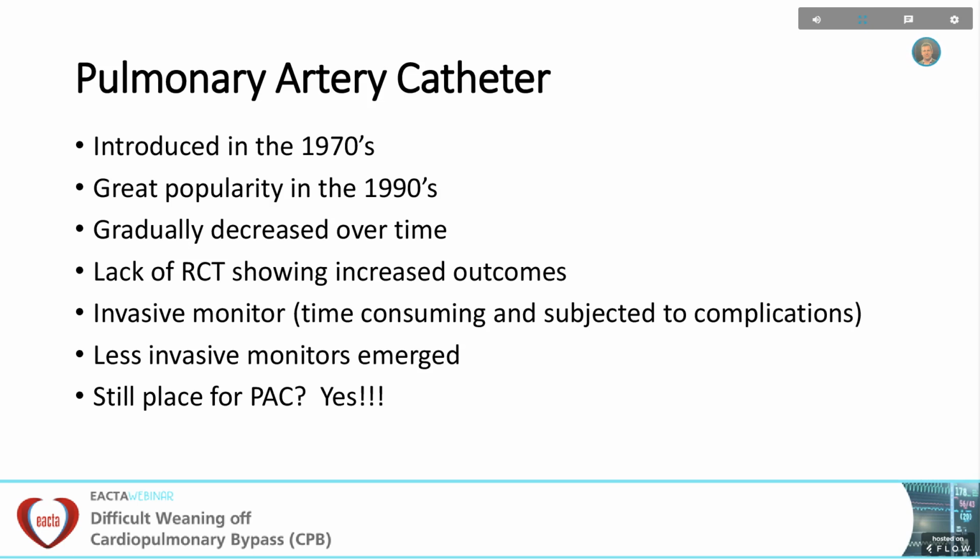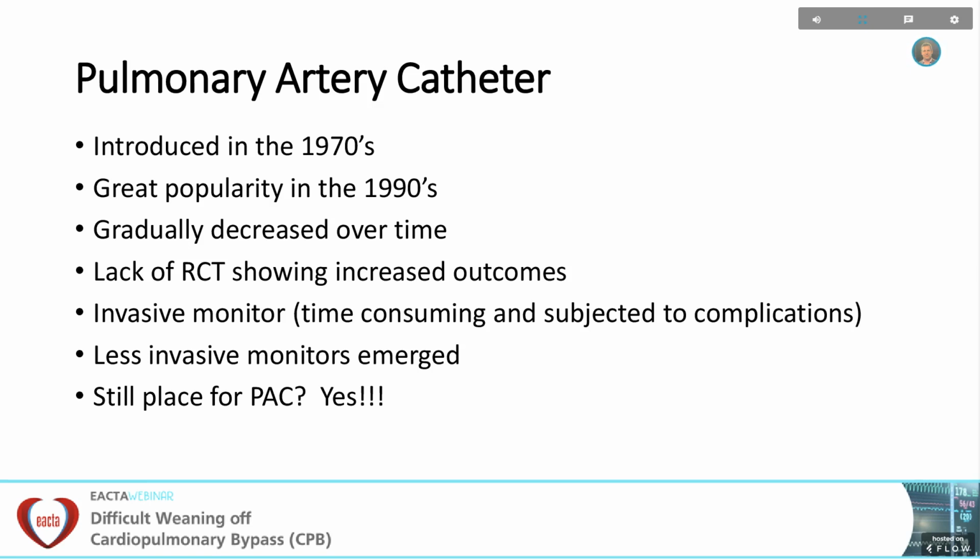As it's an invasive monitor, it's time consuming, because in experienced hands we need about 20 minutes to ensure a good position, and it's subject to complications. Less invasive monitors emerged, and it was somehow discontinued after the 90s. So we have to ask ourselves, is there still a place for the pulmonary artery catheter?